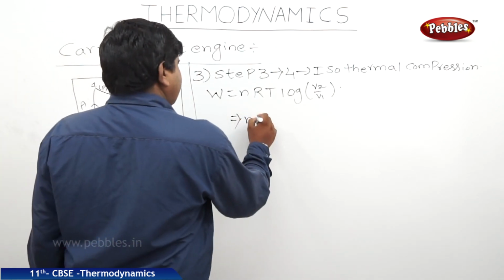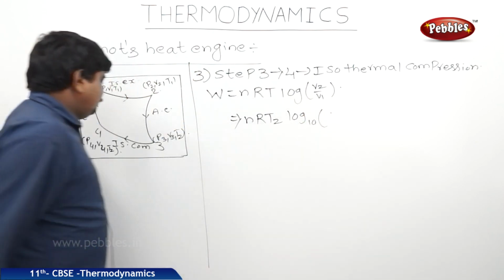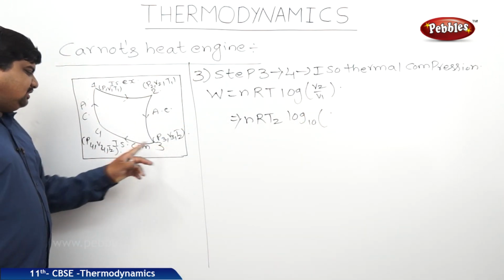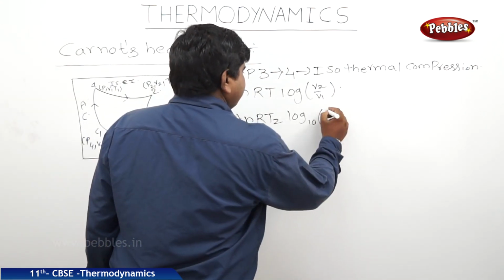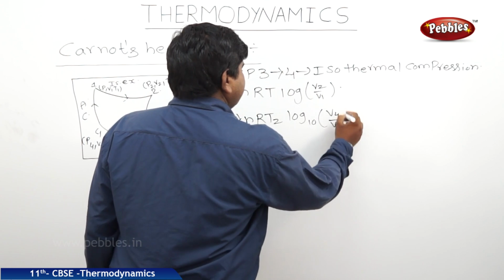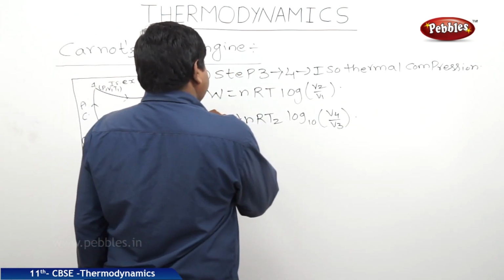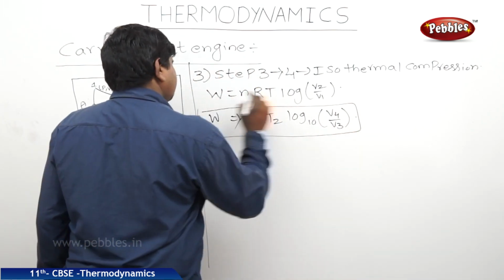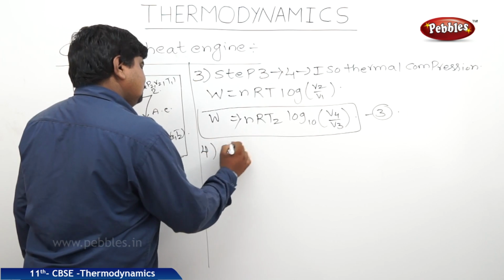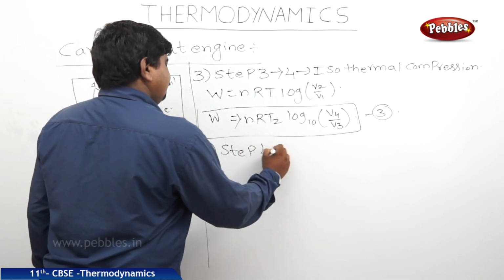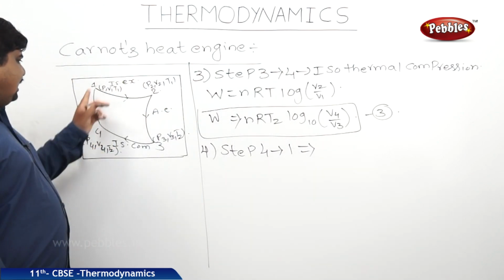Therefore, it is nRT2 log V4 by V3, as the volume changes from V3 to V4. This is the third equation. The fourth one is step 4 to 1, which is adiabatic compression.